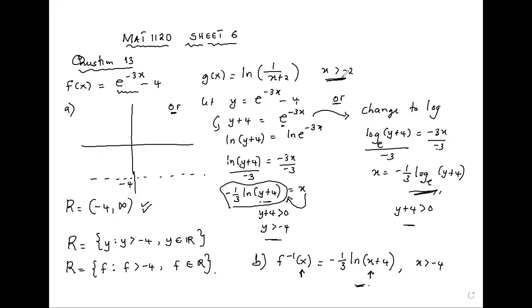Then what next? Well, they're asking us to express f of g as a polynomial. This is the same thing as f of g of x, which they have written as fg of x. So in f, where there is x, you put g.